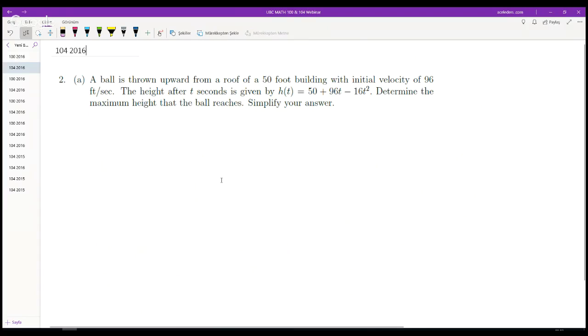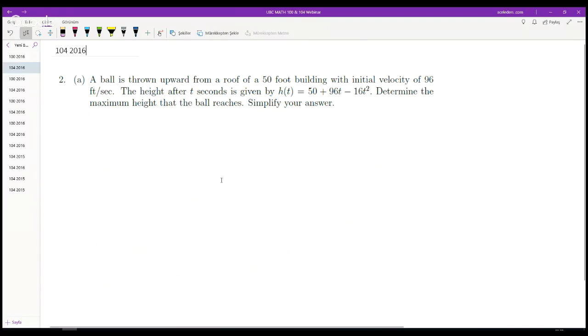The second one: a ball is thrown upward from the roof of a 50-foot building with an initial velocity of 96 feet per second. The height after t seconds is given by h(t) equals 50 plus 96t minus 16t squared. Determine the maximum height that the ball reaches.